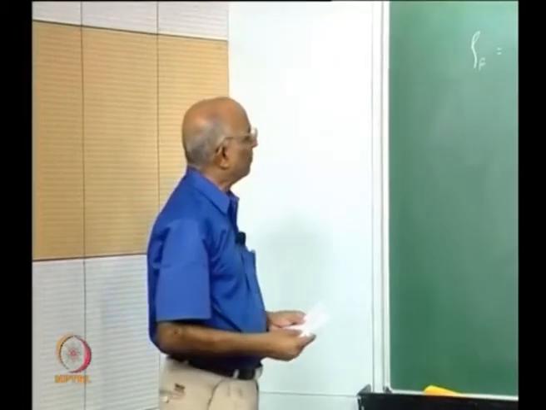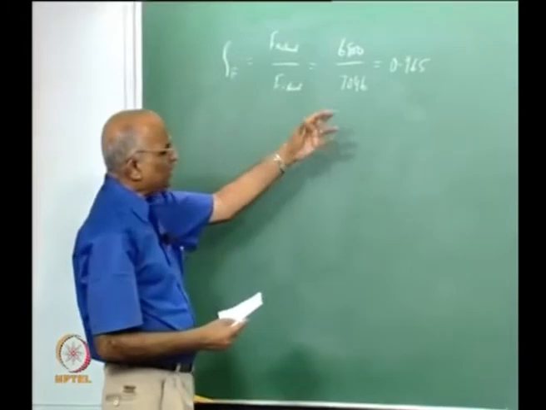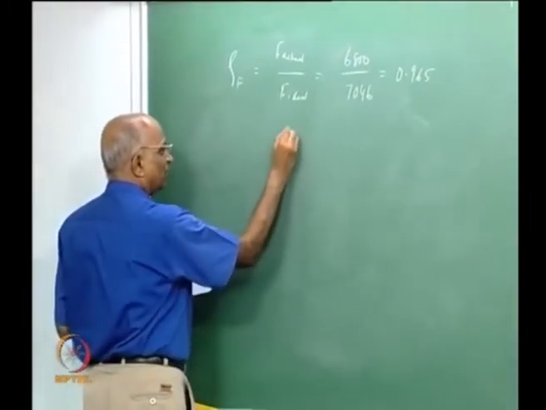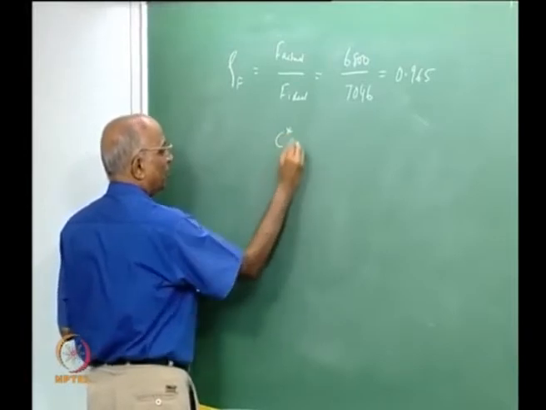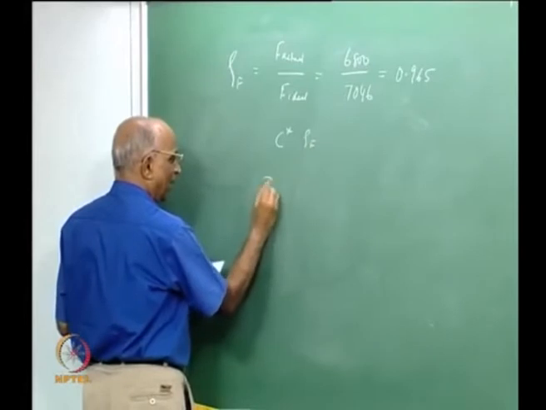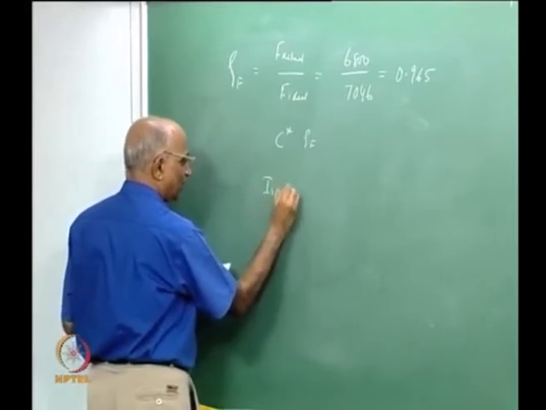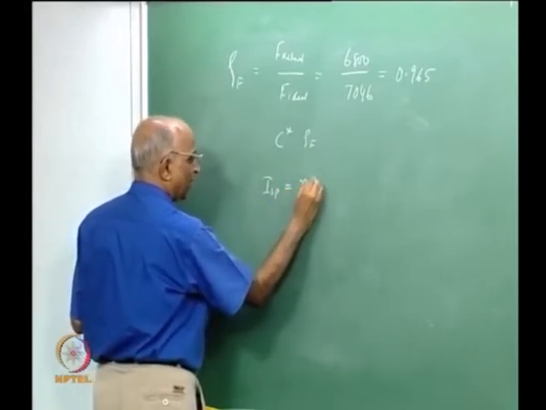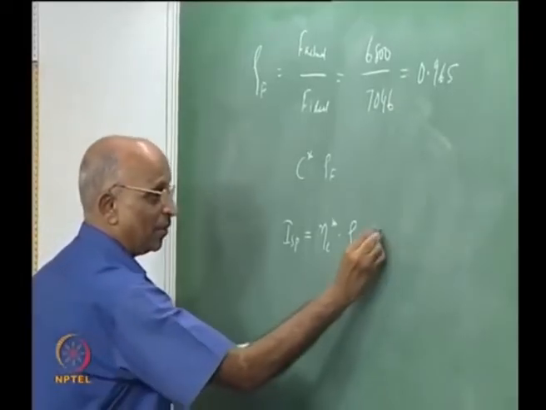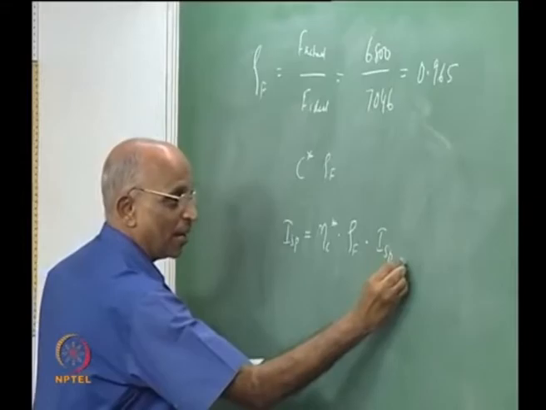But actually, this is an actual rocket in which we must also consider the effect of C star efficiency, and also the effect of the thrust correction factor. In other words, the actual thrust goes as eta C star times the thrust correction factor times the value of ISP, which could be ideal.